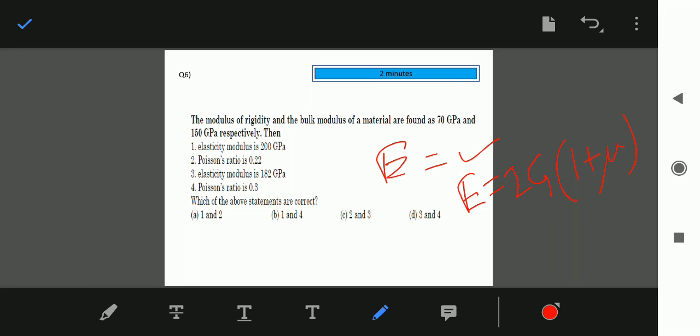On applying that, you will get the value of mu. So the correct option for question 6 is option D, 3 and 4.